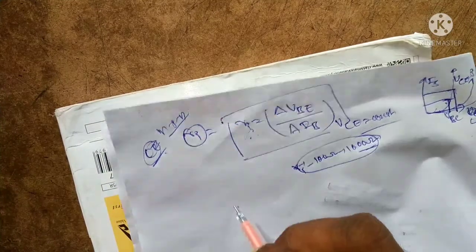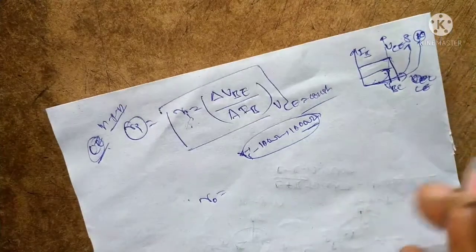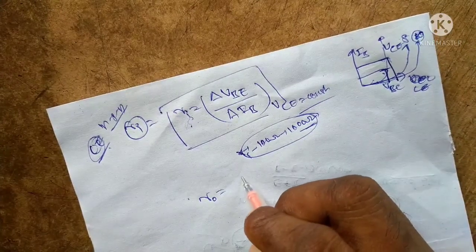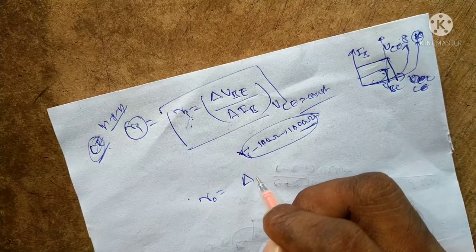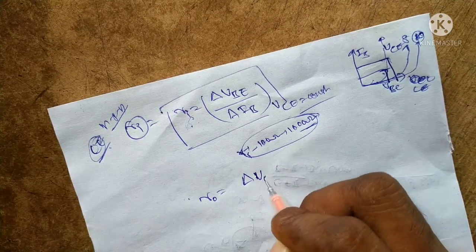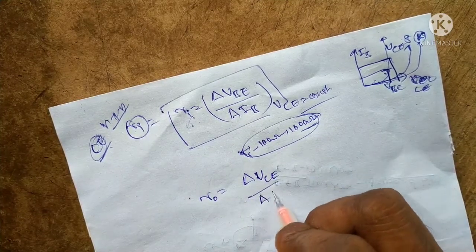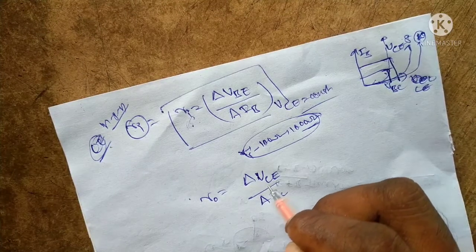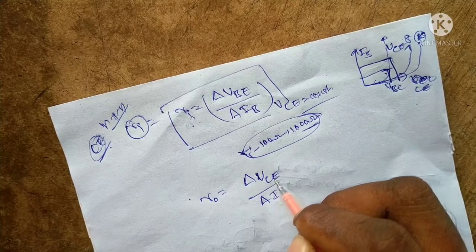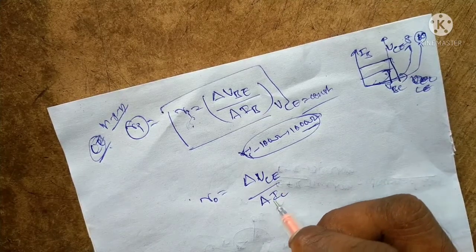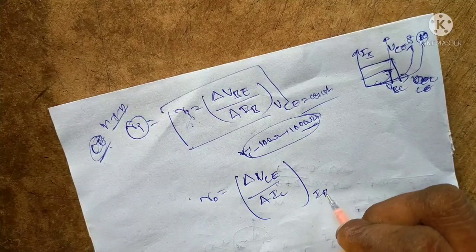Next we go to output resistance, that is RO. It is the ratio of the change in collector emitter voltage VCE to the change in IC, at constant base current.